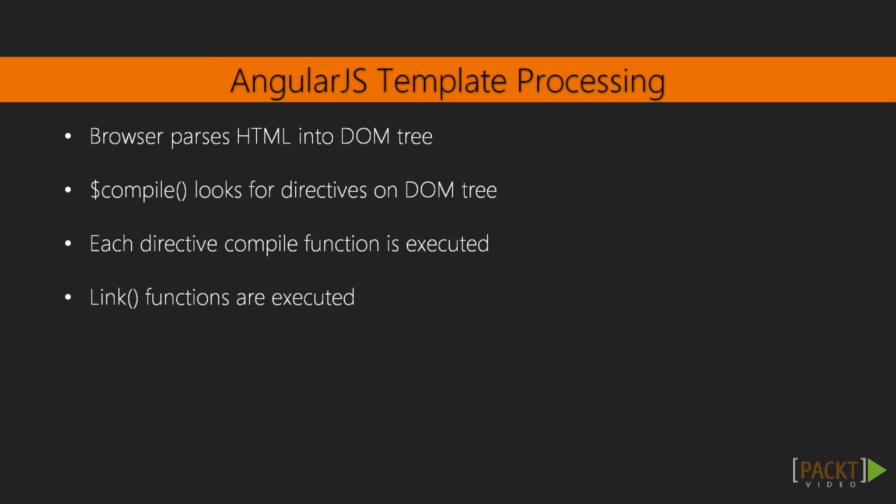This tree is then parsed using AngularJS's compile method. Compile runs through the DOM tree and looks for directive declarations. Once all the directives are found, each directive's compile function is run and is expected to return a link function. Finally, the linking function is invoked with the containing scope that attaches all of the associated directives to that scope.